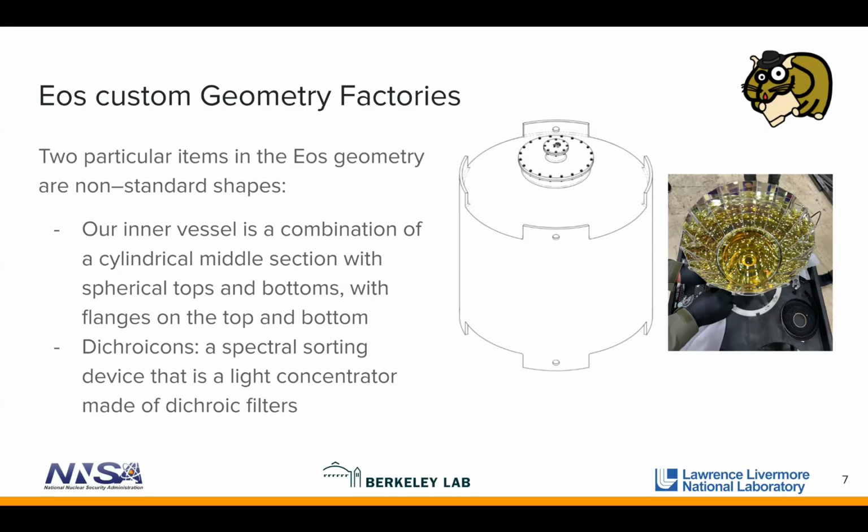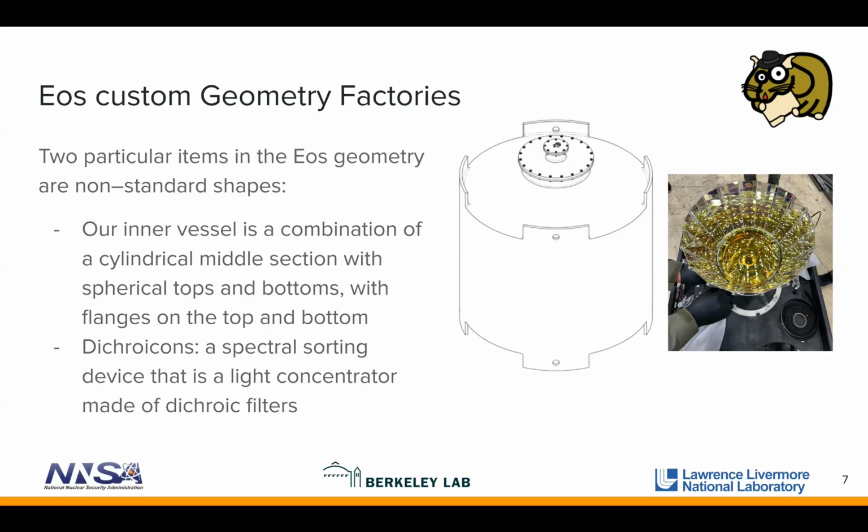So we write custom code to create this shape for our inner acrylic vessel, to make the cylinder, add it to the spherical caps and stuff like that. We should remove this from ratpac-two, but actually, if you look, there is an EOS factory still living in rat that we mean to delete, but we haven't done that yet. Before we do that, feel free to take a look and see what this geometry looks like.